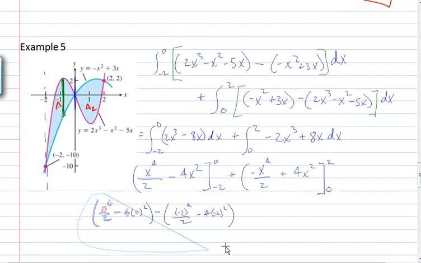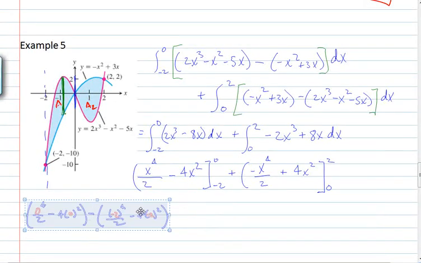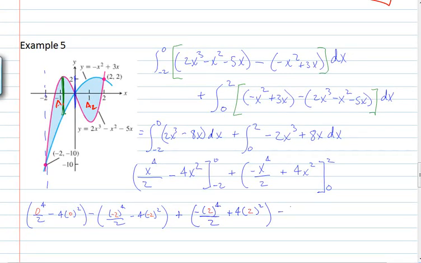So far so good? That's this first one. Plus, on the second integral, we have negative upper bound to the 4th over 2 plus 4 times the upper bound squared. The upper bound here was 2, minus the lower bound. So that's negative lower bound to the 4th over 2 plus 4 times the lower bound squared. And the lower bound here is 0.